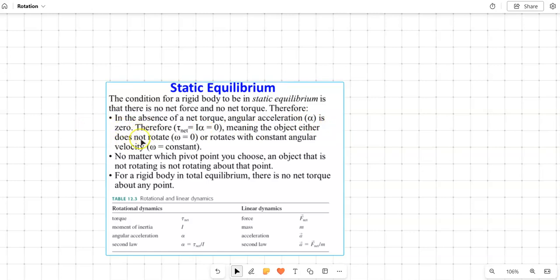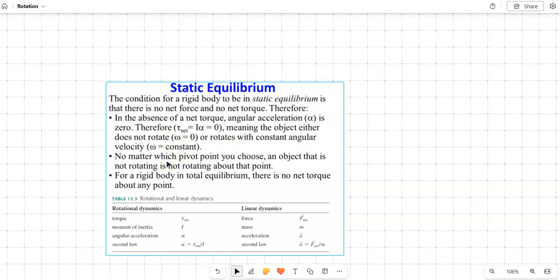It could be not spinning, so omega is equal to 0, or it's spinning at a constant rate. Either way, alpha is going to be equal to 0. So that's one of the assumptions that we're talking about with static equilibrium.